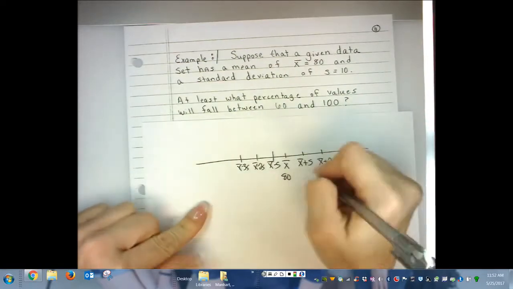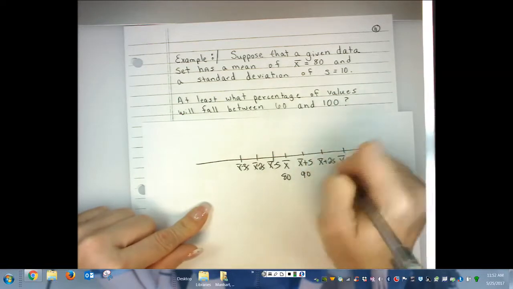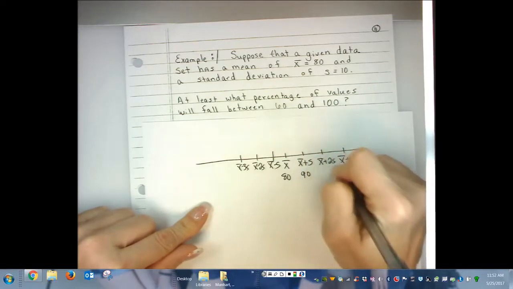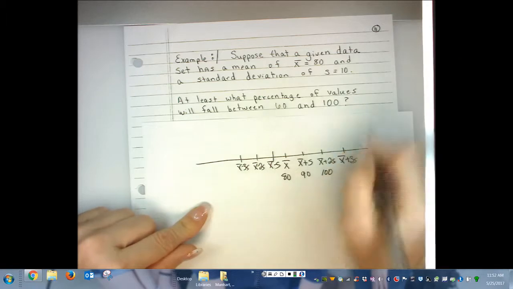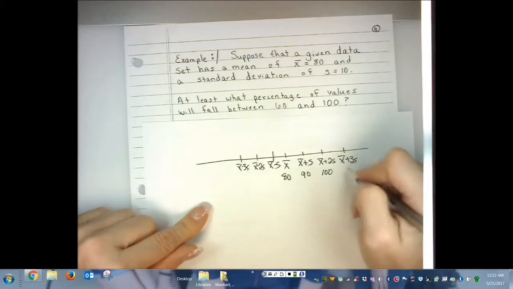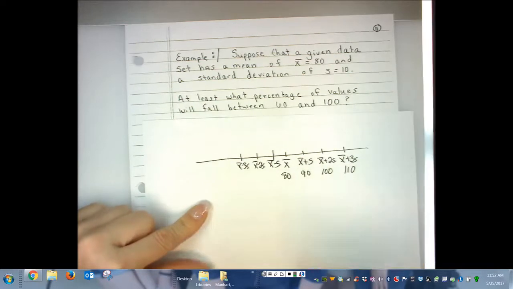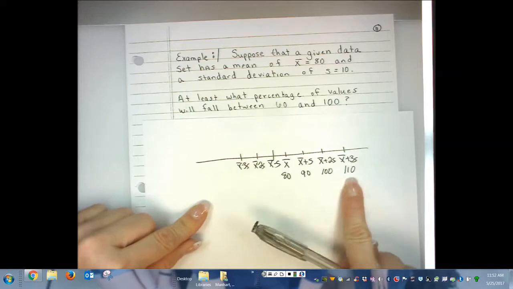So 80 plus the 10 is 90. 80 plus 2 times 10 is 100. 80 plus 3 times 10 is 110. Or you just add 10 each time. 80 plus 10 plus 10 plus 10.